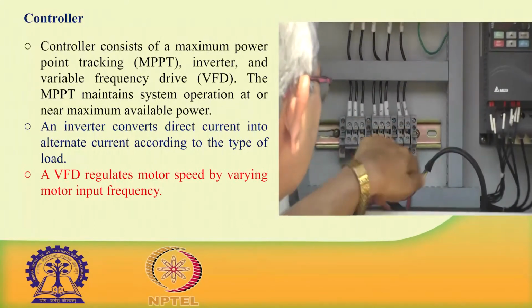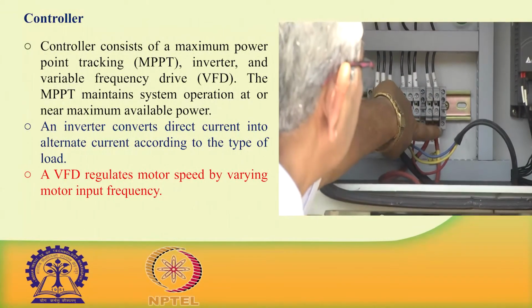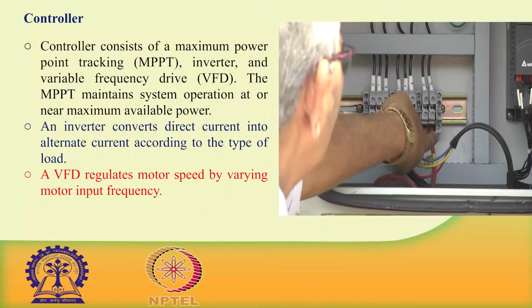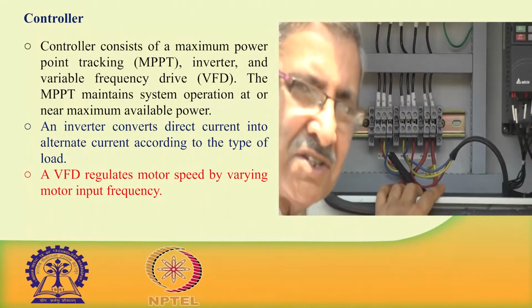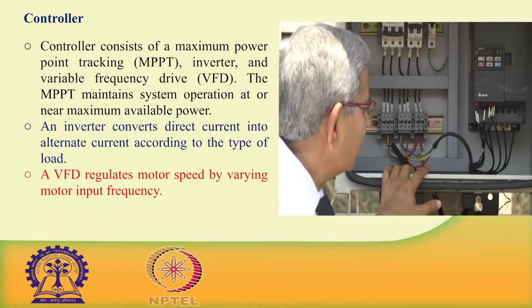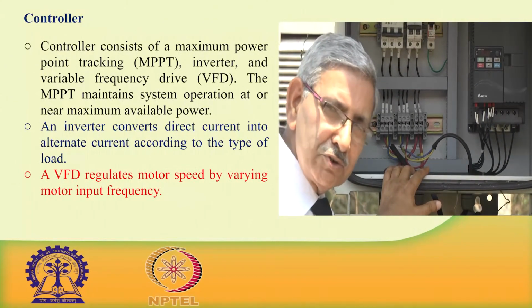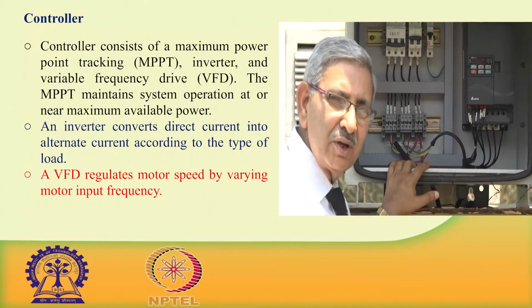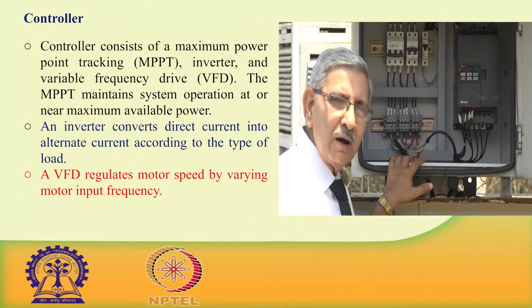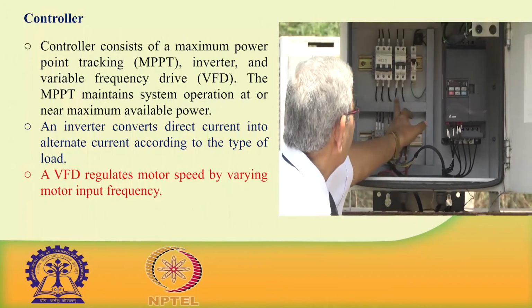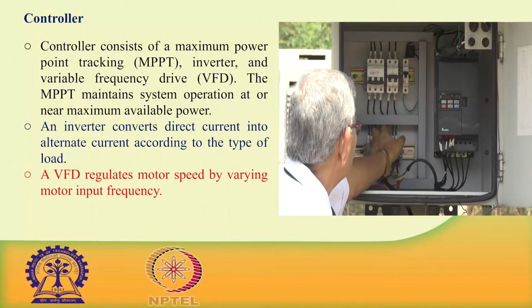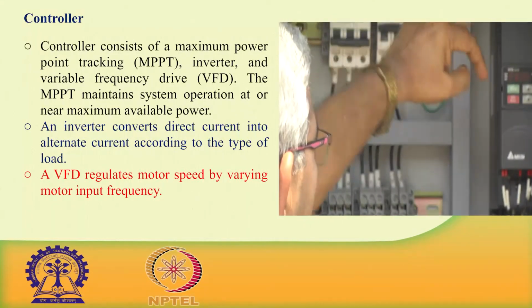The power which is coming from the solar panel is DC. That DC is supposed to be converted to AC in order to operate the submersible pump.